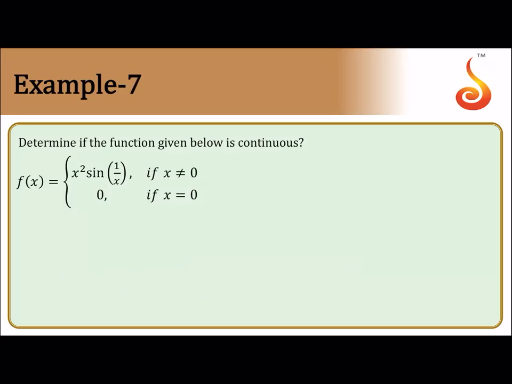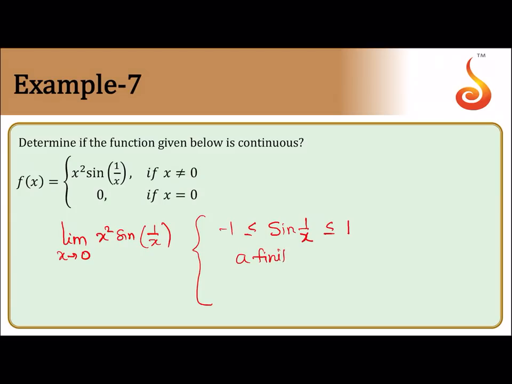Next one, determine if the function given below is continuous: x square sin 1 by x whenever x is not equal to 0, and 0 at x equal to 0. Same way, whenever x is not equal to 0 is given to you, straight away you can write limit x tending to 0 of x square sin 1 by x. Here a very important point we learn.